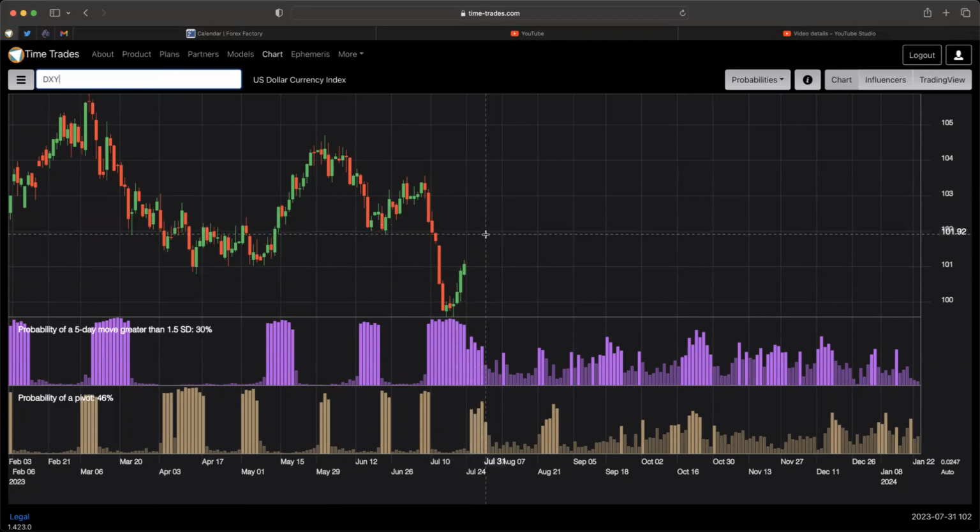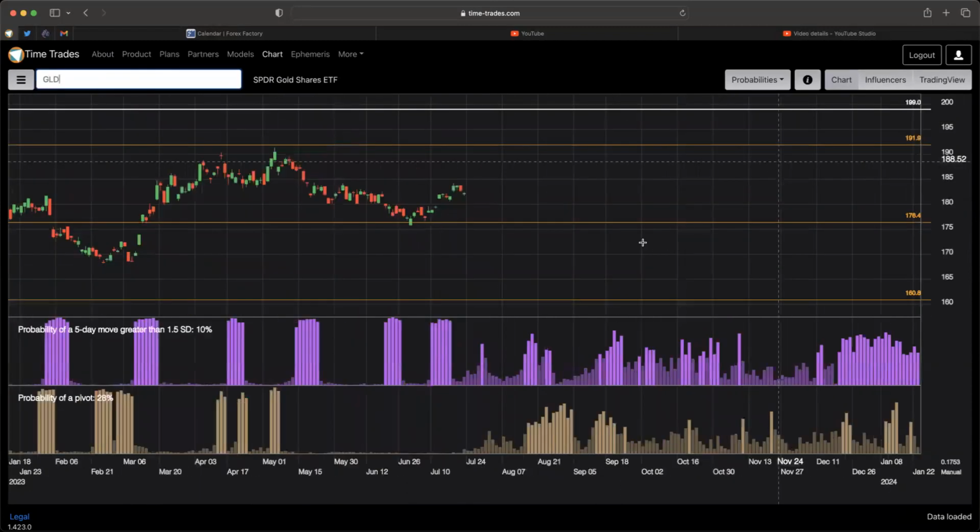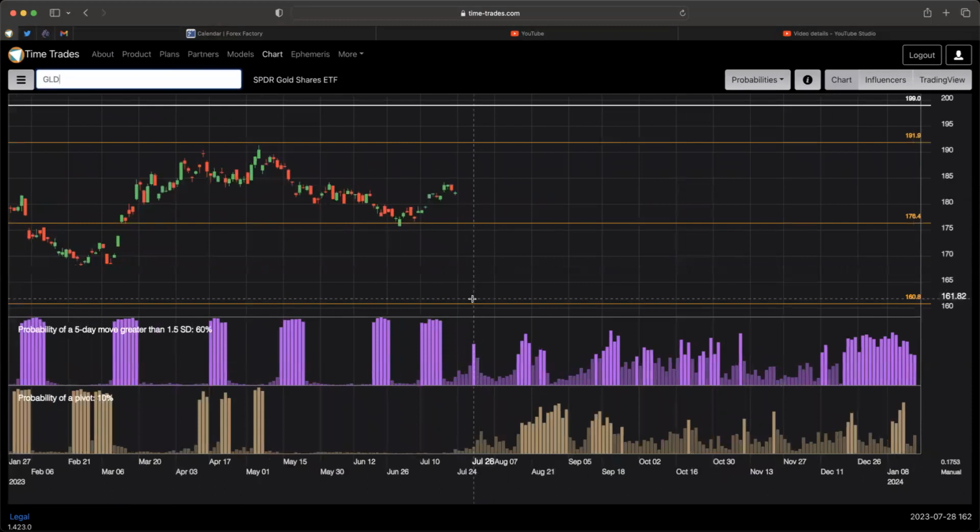So if the dollar keeps going up until July 28th, then it's fair to assume that GLD will see a move down into July 28th. And this kind of lines up with some of the probabilities that we're seeing here. We're seeing a probability of a big move July 28th and pivot August 1st.